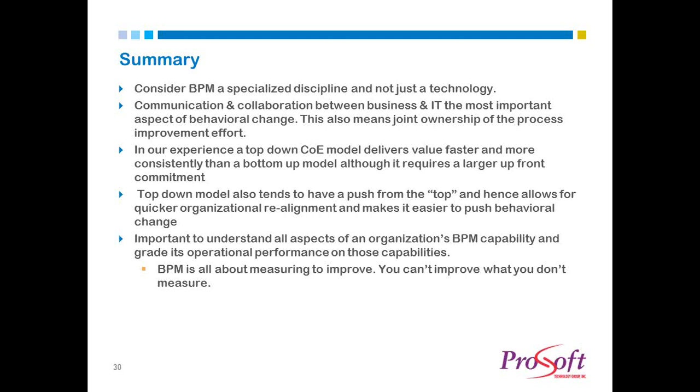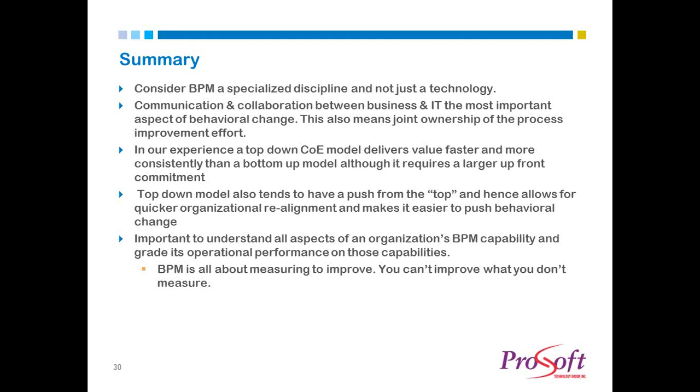In our experience, a top-down CoE model delivers value faster, and that usually is because top-down CoEs are more executive mandated, so they have the support of the executive leadership who are driving the CoE effort. That also means that the appropriate level of funding is available, and you can get the right skills that you need.